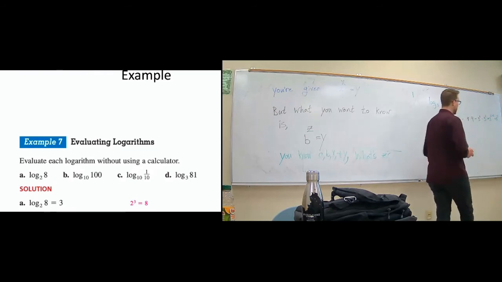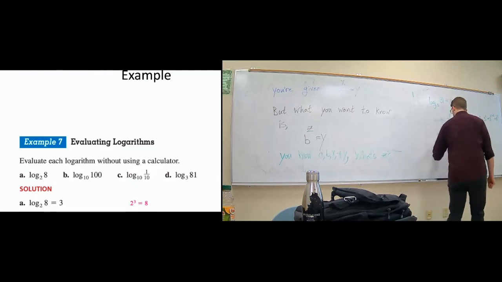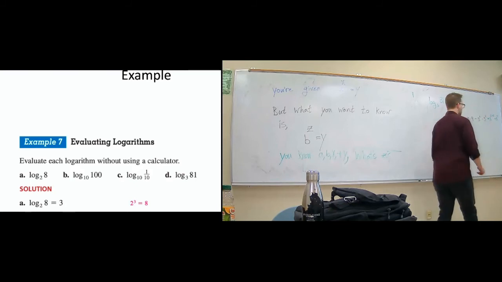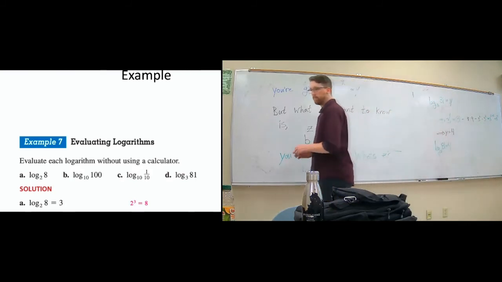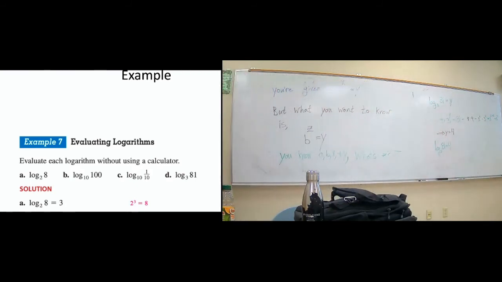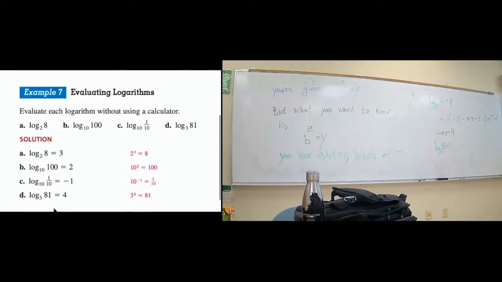In other words, log base 3 of 81 is equal to 4. Everybody cool with that? And checking our answer, hey, it is in fact 4.